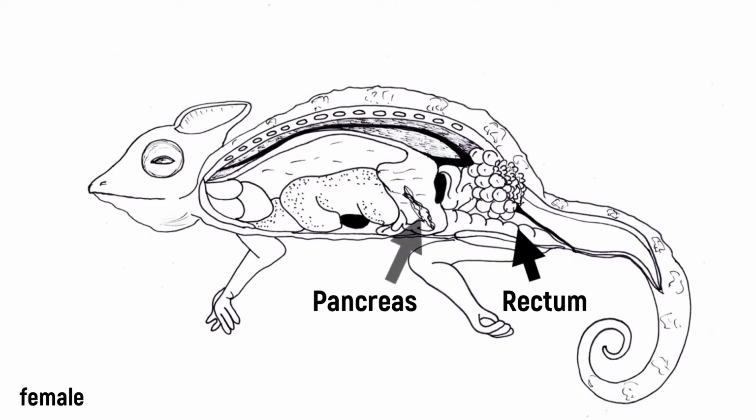The pancreas is visible as a thin organ that runs alongside the stomach.